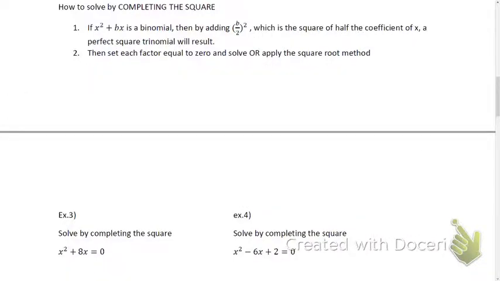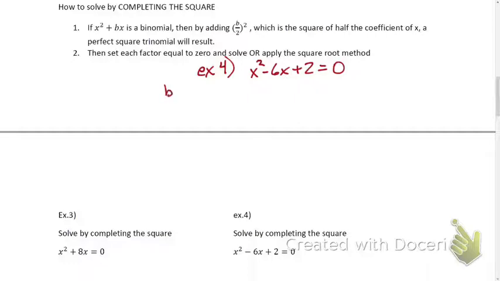So example 4, this one looks a little bit different because we have a 2. Teachers teach this in many different ways. I teach to go ahead and find that b over 2 squared.